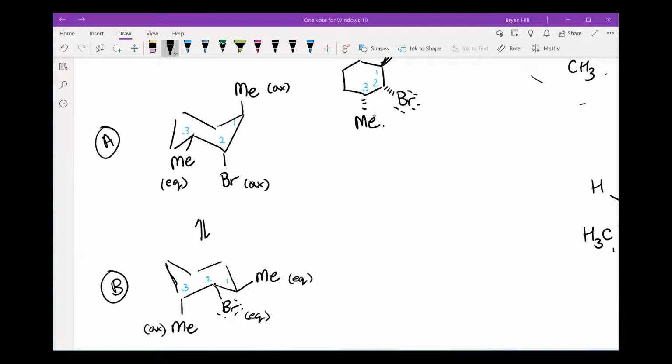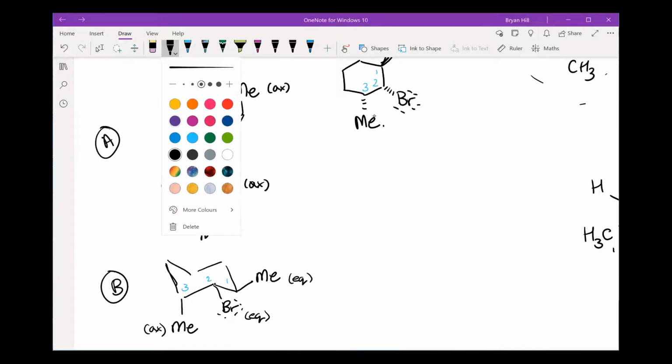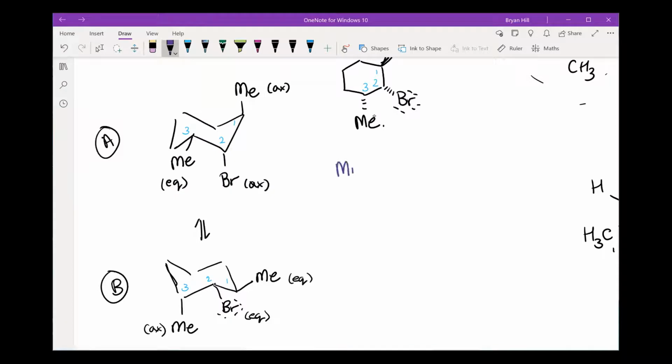Excellent, okay. So now what's interesting is that in chair conformations, leaving groups to eliminate must be axial. When a compound is in the equatorial conformation, it's impossible for the proton to be anti to it.